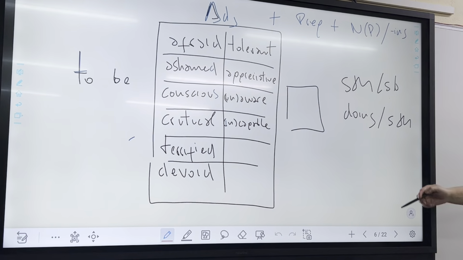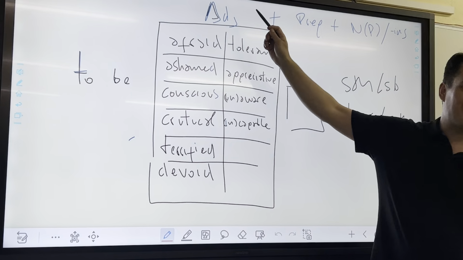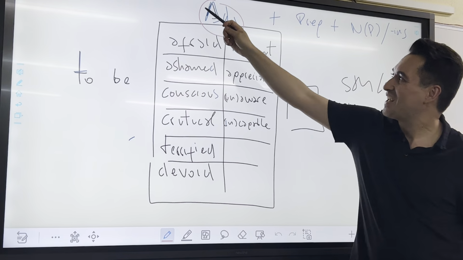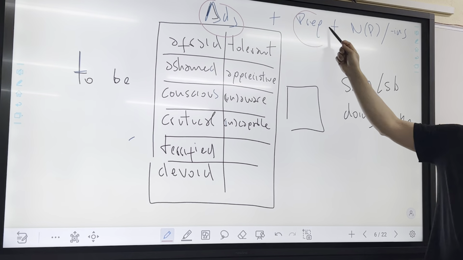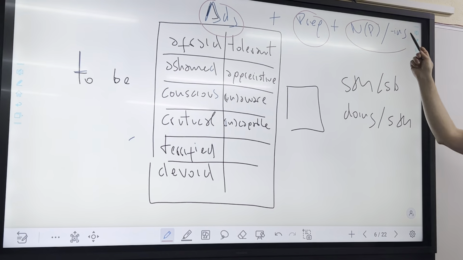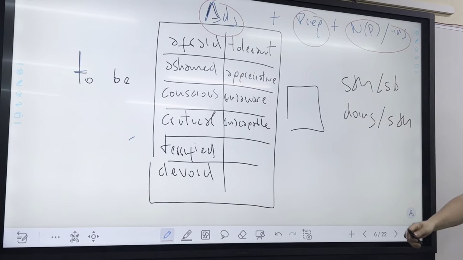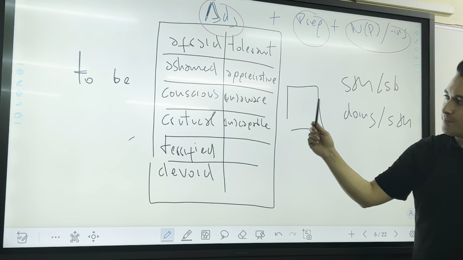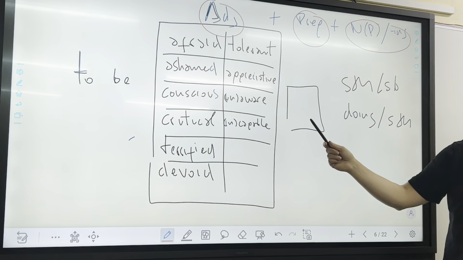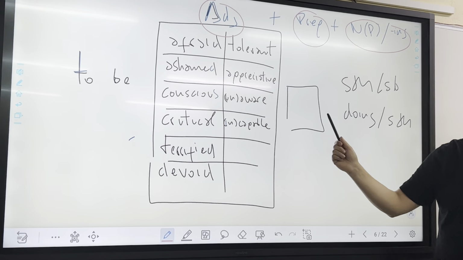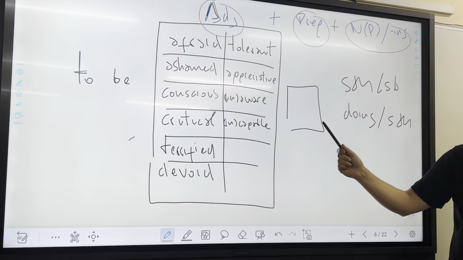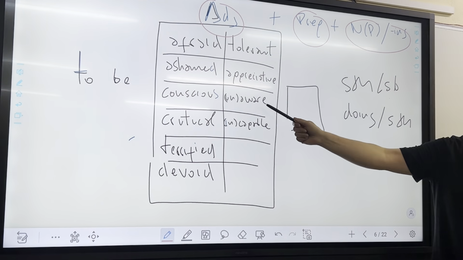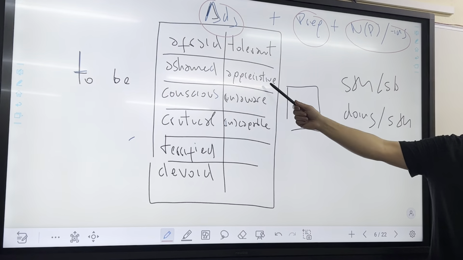All right, another pattern. Adjective, preposition, and then noun phrase. Noun phrase or ing is the same pattern as before. Okay, to be afraid, something. Ashamed, something. Conscious, something. Critical, something. Terrified, something. Aware, something.